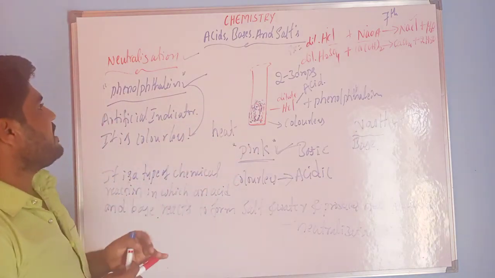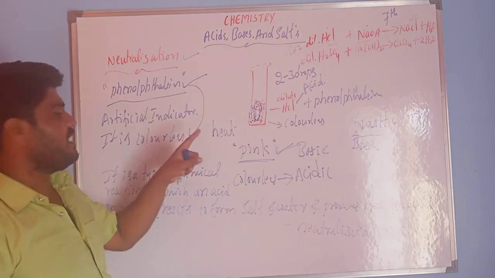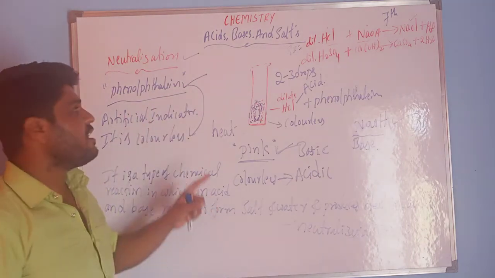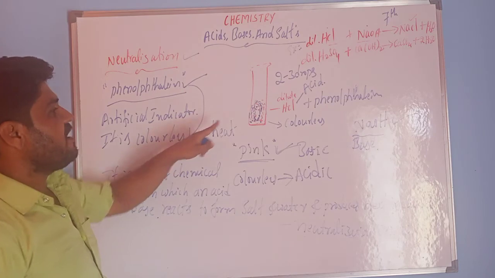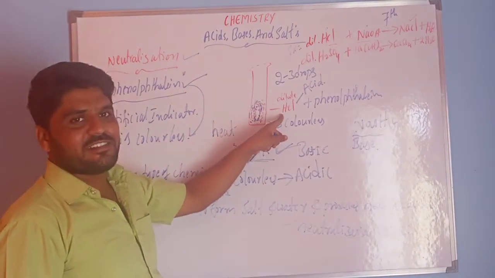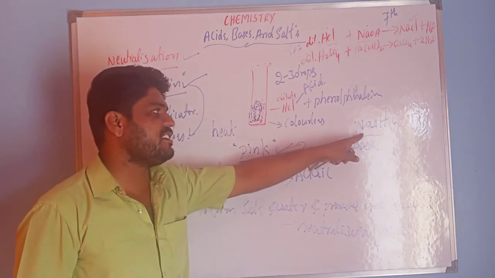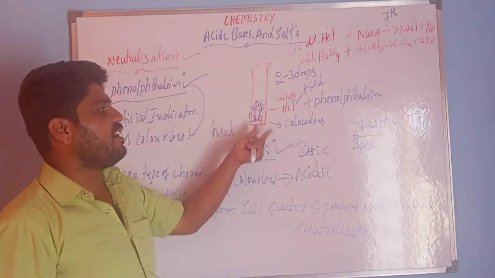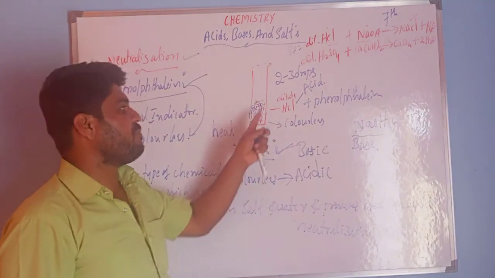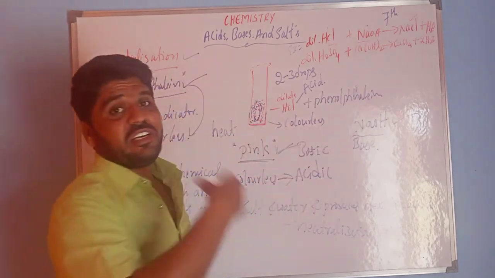So first I am taking phenolphthalein. This is an artificial indicator and it is colorless. If you add this colorless indicator to a test tube containing acid, and after that you add a base, that is NaOH, then after addition of base you get a pink color. When you add more base, it gives a dark pink color.